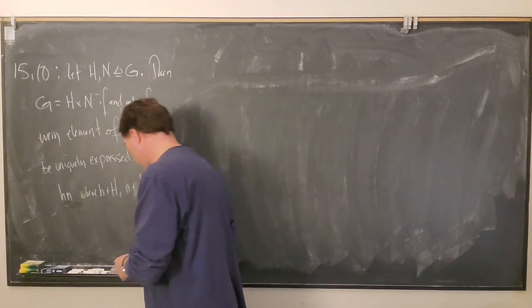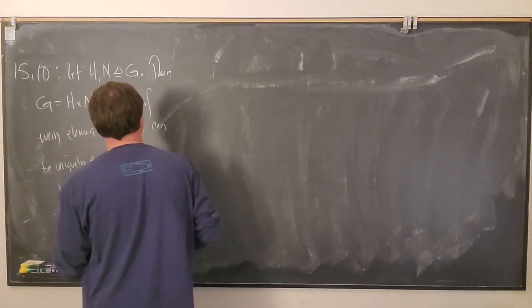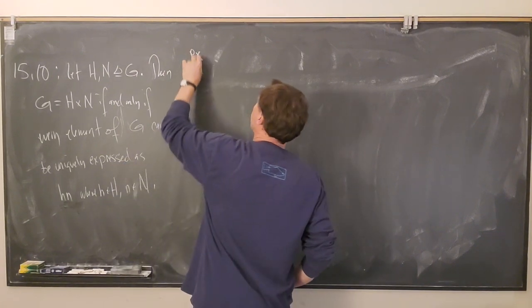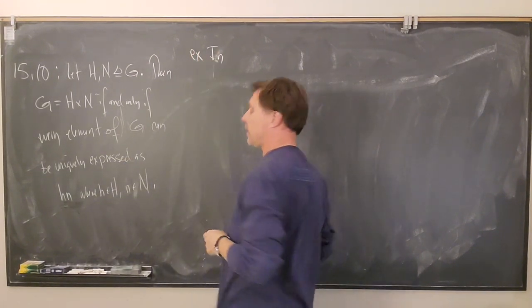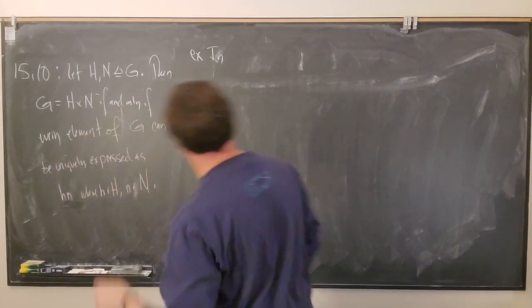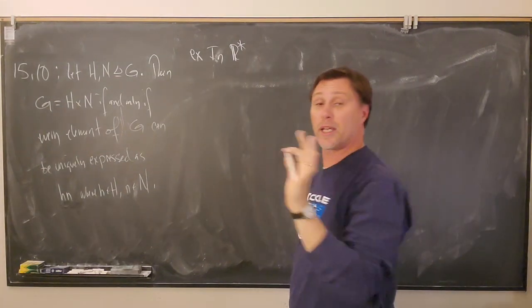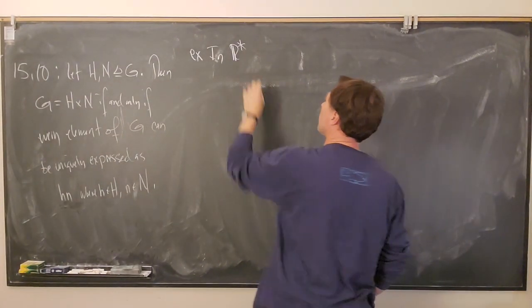Now, let me do one quick example. I want to work in R star, the multiplicative group of non-zero real numbers.